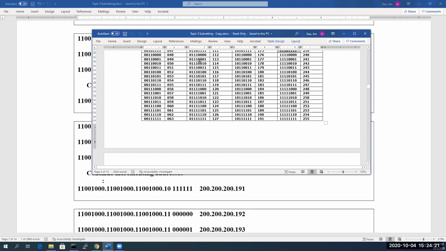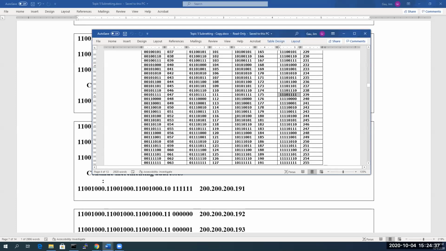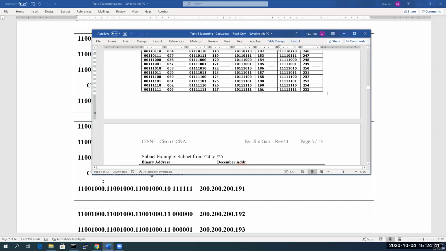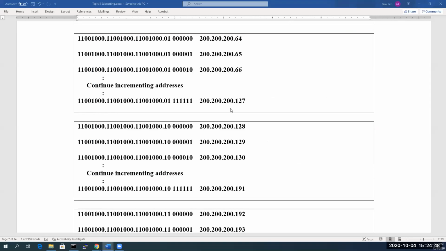And then from 64 to 127 is the newly created 01, the 25th bit 0 and 26th bit 1, the second new network. And the third network, which starts with 10, is from 128 to 191, right? And then the last one is from 192 to 255. So we created 4 sets of networks. So if you take a look at it here, you see that 00.